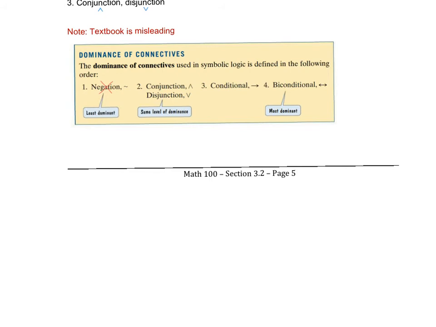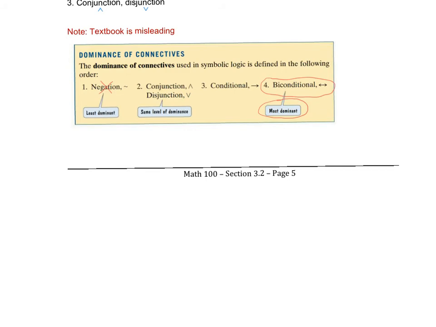Negation, not a connective. And also notice that the most dominant, which is the biconditional, they label that as 4. So in their eyes, the higher the number, the more dominant the connective, but that doesn't make sense to me, because whenever you make a list and you're prioritizing, the first item on the list should be the most important.